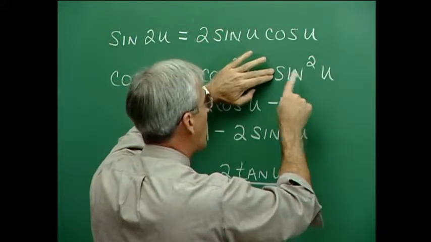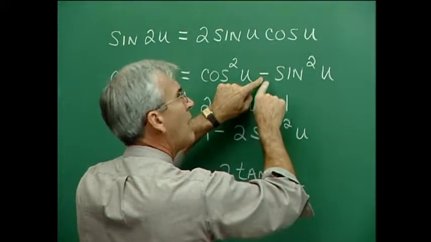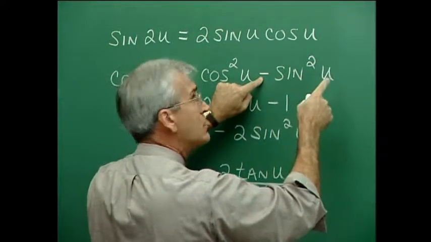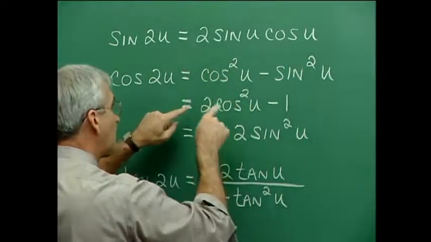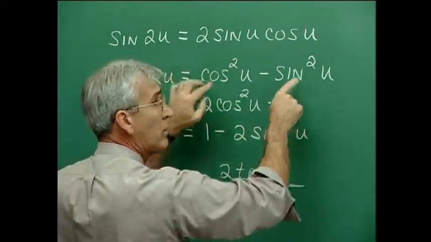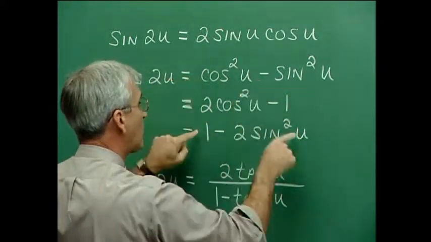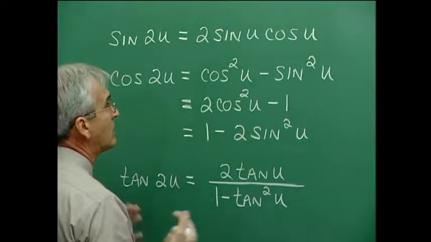And 1 minus cosine squared, with a minus sign right here, that's minus 1 plus cosine squared. Cosine squared plus cosine squared, that's 2 cosine squared minus 1. You see, we've just derived this one from that one by using that little replacement. And if we use the replacement on cosine squared, we would get the other one. Okay, so that's the idea.